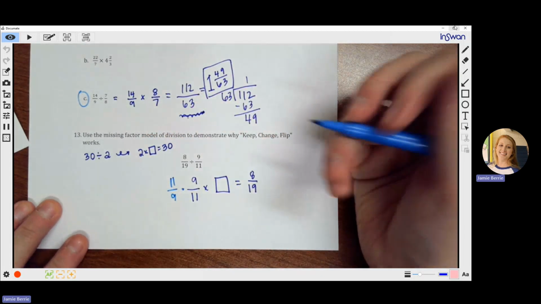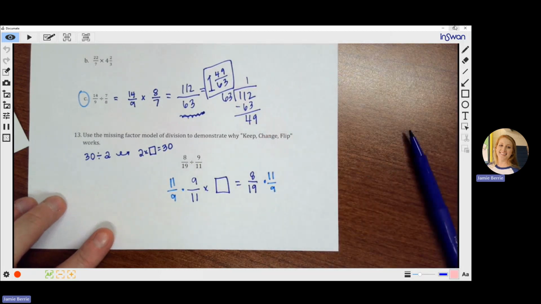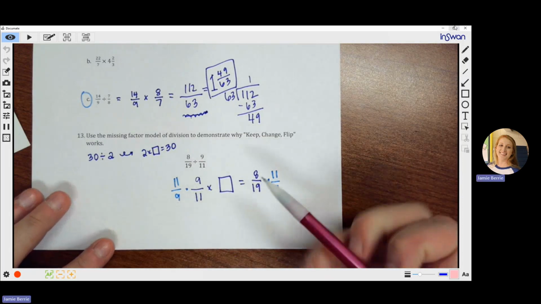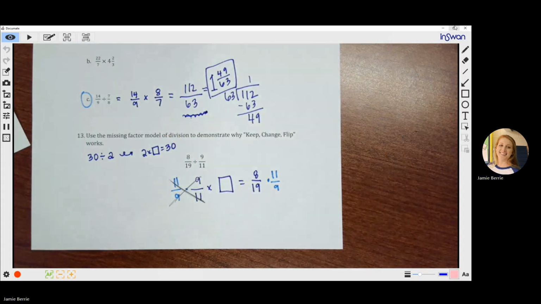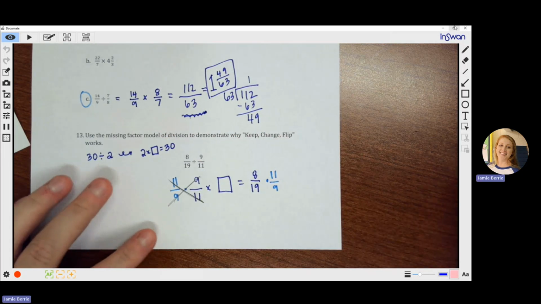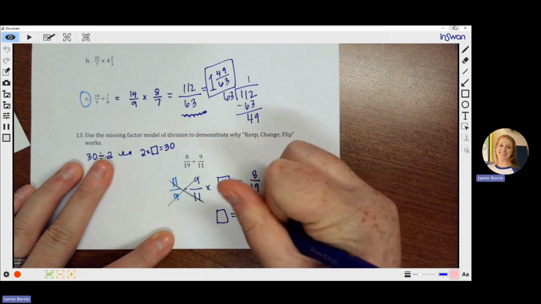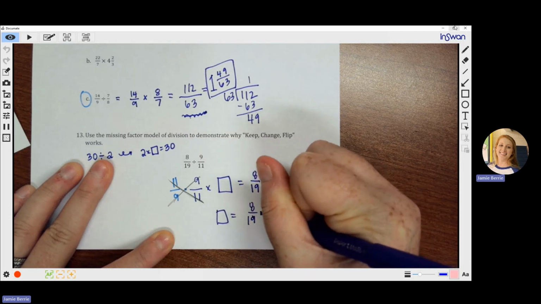Whatever we do to the left side, we've got to do to the right side. The reason we multiply by the reciprocal is because these cancel each other out. 9 over 11 times 11 over 9, they cancel each other out. And that tells us that the box is equal to 8 over 19 times 11 over 9.